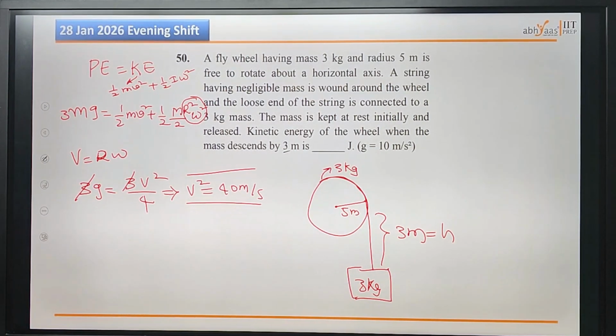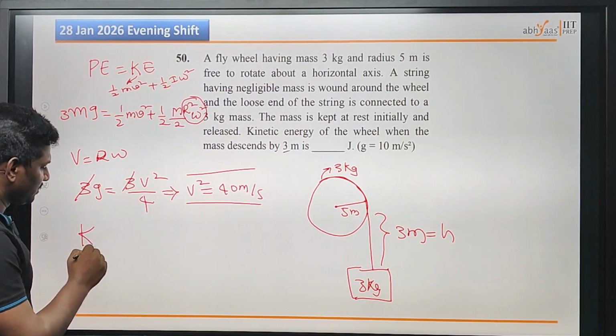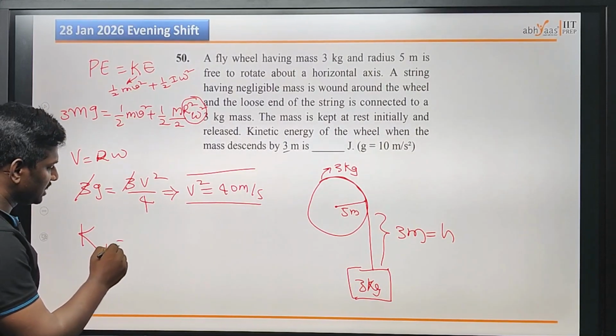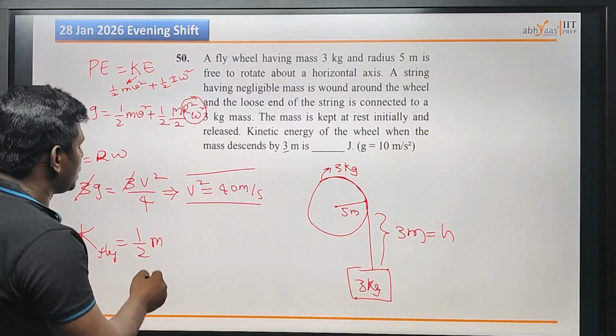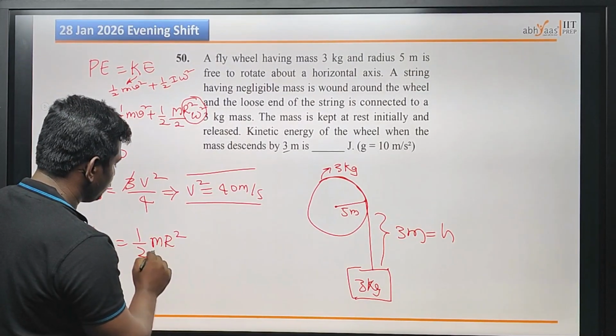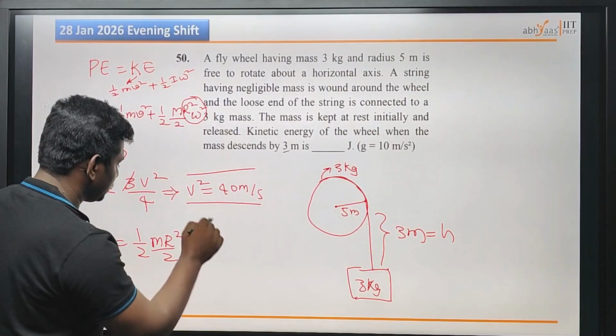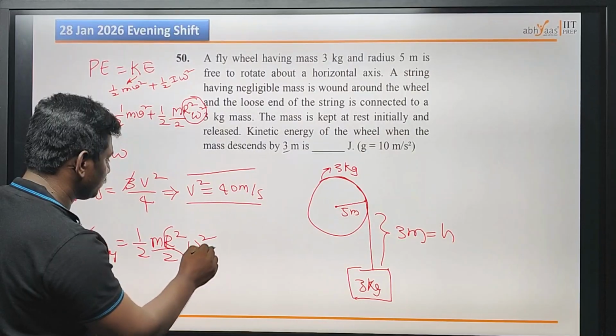So what you have to find finally? You have to find the kinetic energy of the flywheel. What is the kinetic energy? Kinetic energy of the flywheel can be written as half m r square by 2 omega square. What is r square omega square?